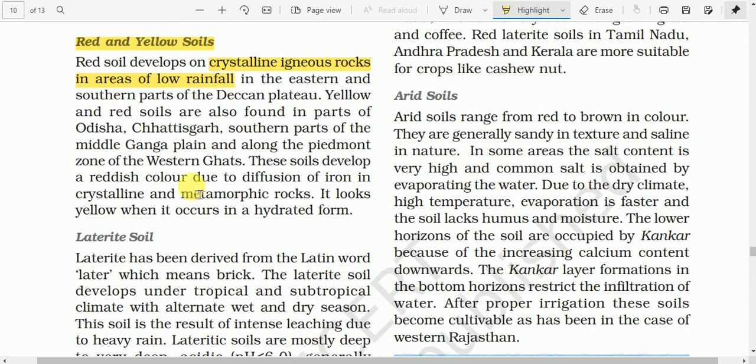So these red and yellow soils are also found in Orissa, Chhattisgarh, then the southern part of the Middle Ganga Plain, along the Piedmont zone of the Western Ghats. Piedmont means foothills, okay, foothill zones of the Western Ghats. So in these areas we find red and yellow soils. Now let us see a map.